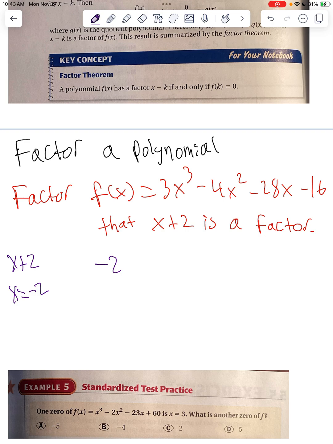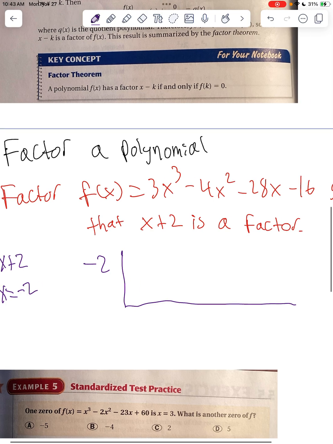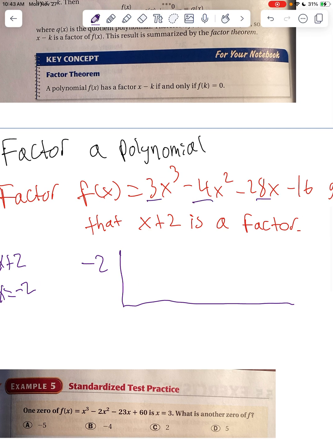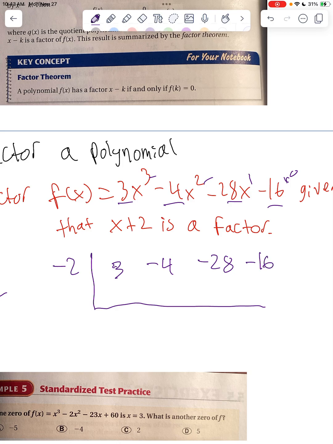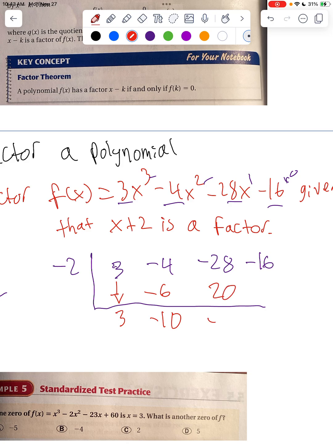So as I set up my synthetic division problem and highlight my coefficients, again, 3, negative 4, negative 28, negative 16. We did not skip anything, so we do not have to include a placeholder. If we had skipped something, we would have to put a 0 in its place. Start by bringing down 3. Negative 6. This is positive 20. And this is 16.